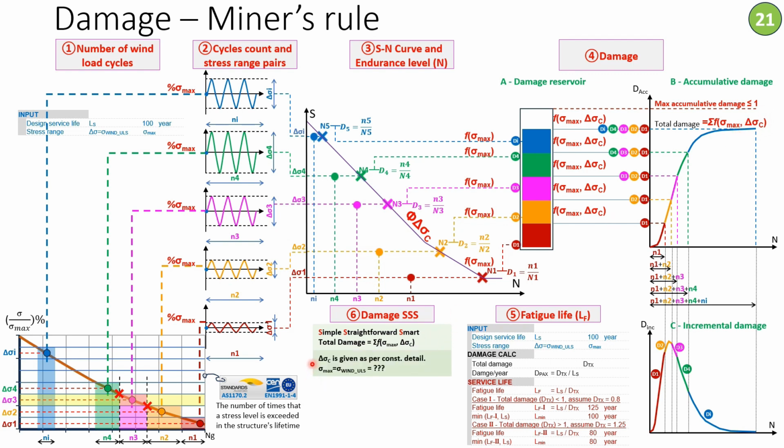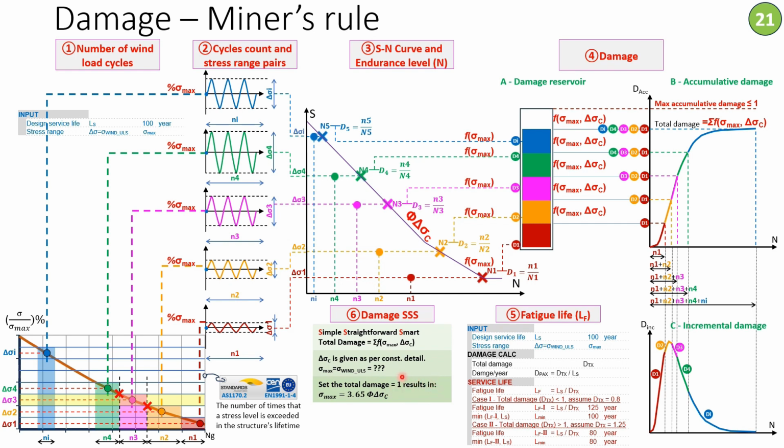If the detail category is given as per the structural detail that you are designing, and you do not know the maximum wind-induced stresses, which is the ULS, the ultimate limit state wind stresses, you can estimate the maximum ULS stresses that a specific structural detail is able to sustain to satisfy the fatigue requirement, so that damage does not exceed 1.